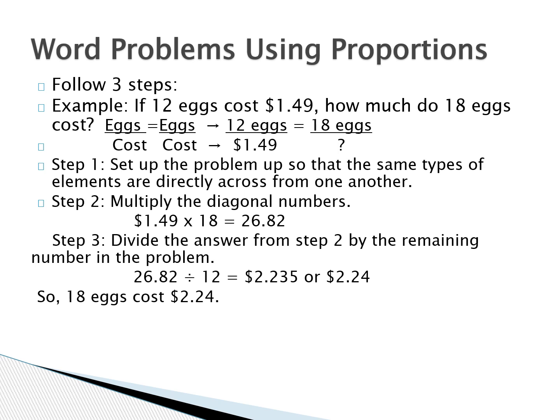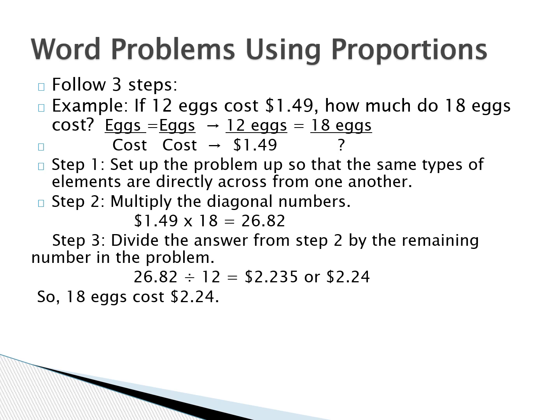Then all you really have to do is cross multiply and divide. You cross multiply your 18 eggs times $1.49, which gives you $26.82.